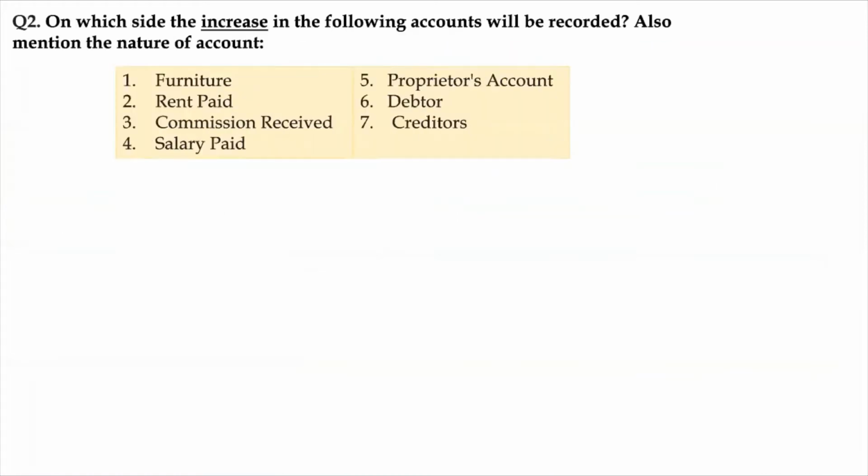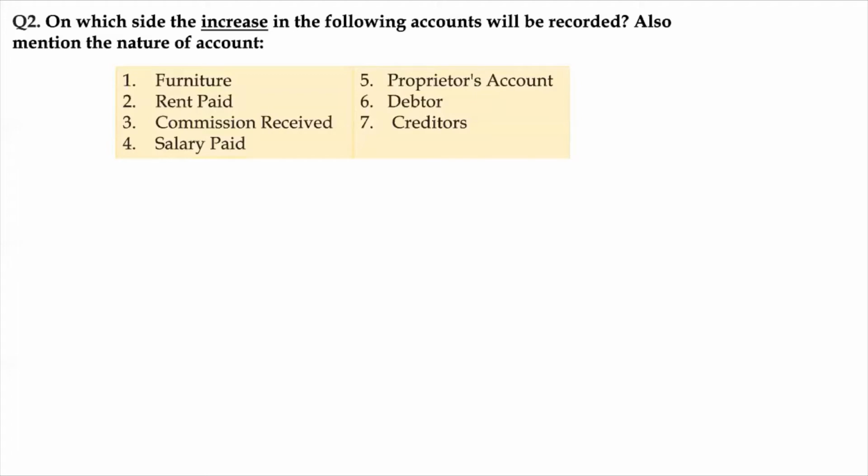Okay, let's move to the next question, which says: on which side will the increase in the following accounts be recorded? Also mention the nature of the account. These are some items given to you: furniture, rent paid, commission received, salary paid, proprietor's account, debtors, creditors, and you have to mention the nature of the account.